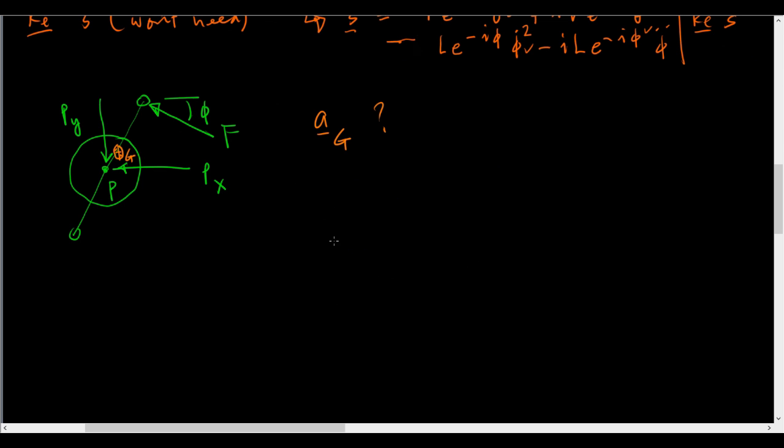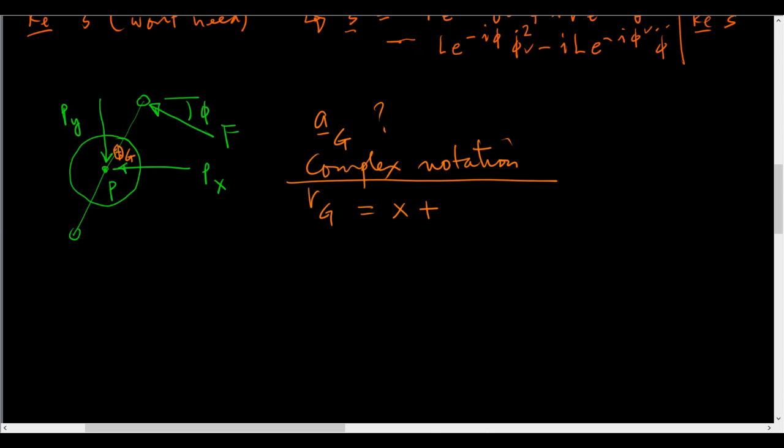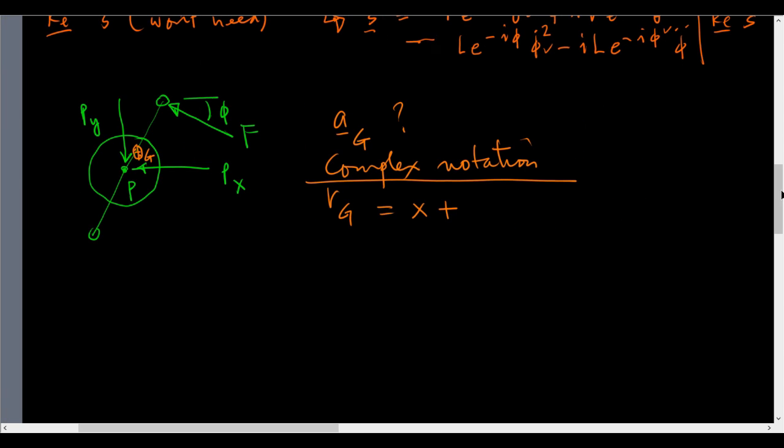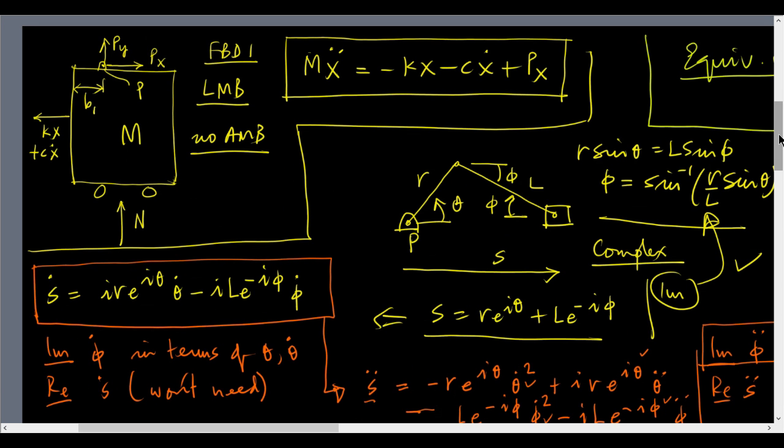To do that, I write Rg, again in complex notation. Rg is equal to x plus, remember this distance here is b1.